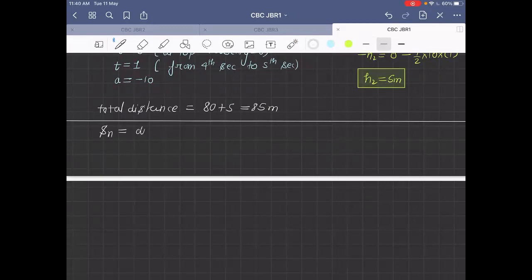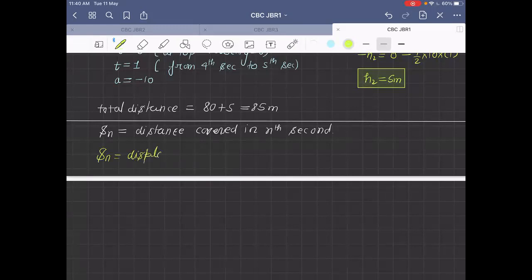Sn is the distance covered in n seconds, which I'm aware doesn't make sense right away. So it's like this: Sn is displacement.